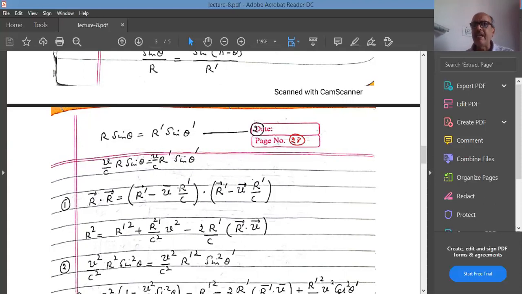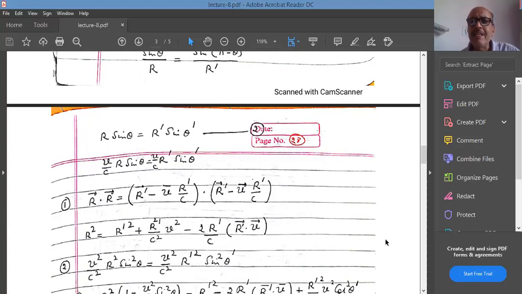We already know that A dot B is equal to B dot A, because changing the order of the dot product does not change its value. So if you make use of that relation, the two terms will combine together, and I have written them as twice r'/c and then r' dot v or v dot r'. So we have combined these two terms.